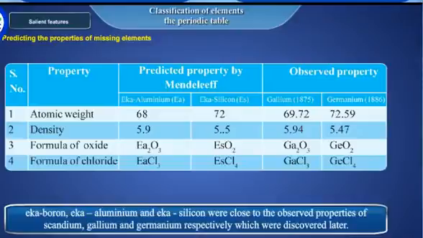For example, eka boron, eka aluminium and eka silicon had properties close to the observed properties of scandium, gallium and germanium respectively, which were discovered later.